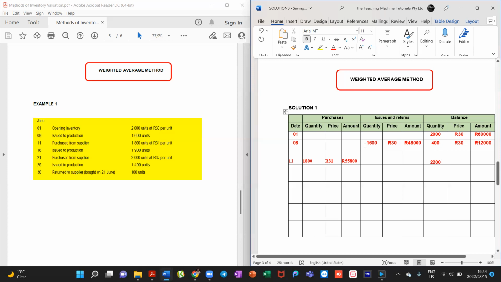Step 1, add the units. When there's a new price, add the units. 400 plus 1.8, it's 2.2.